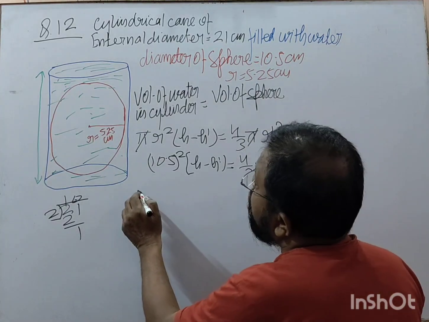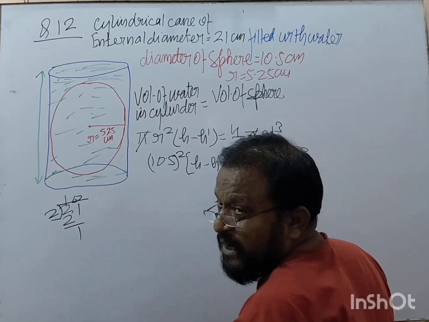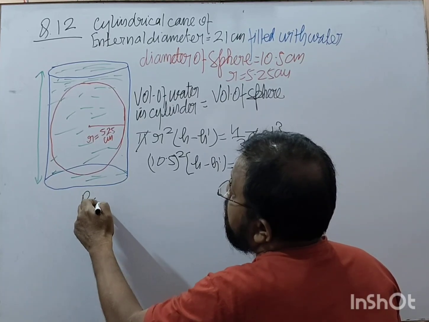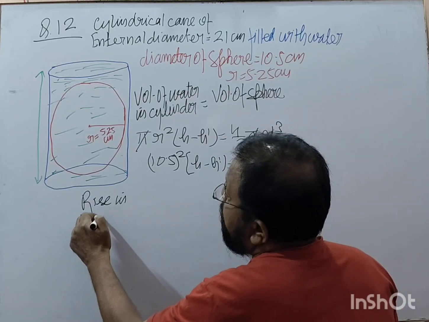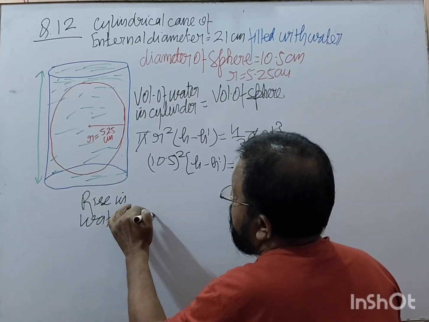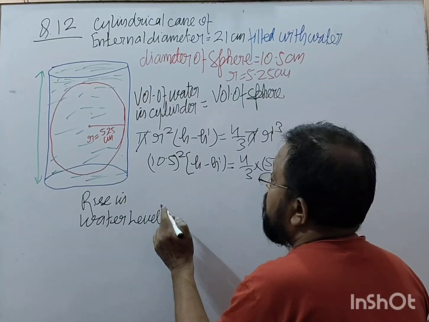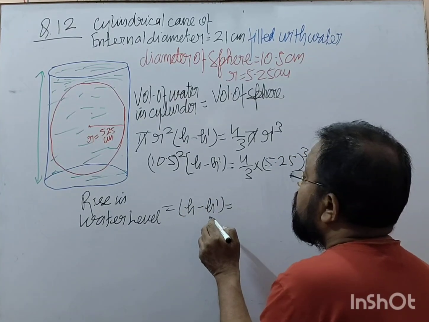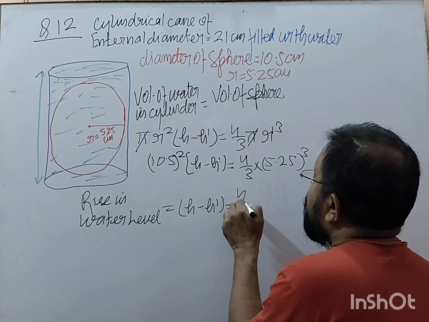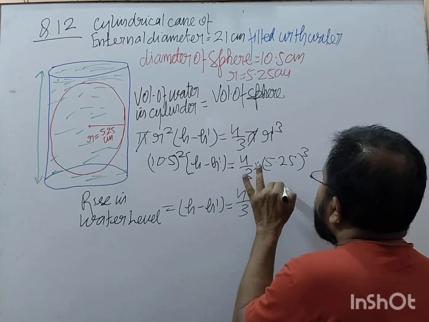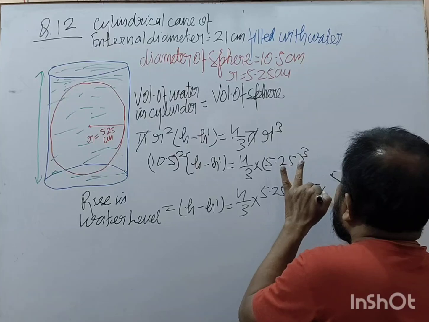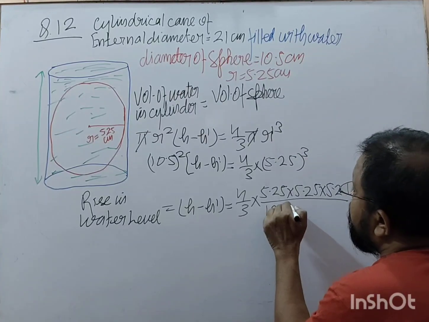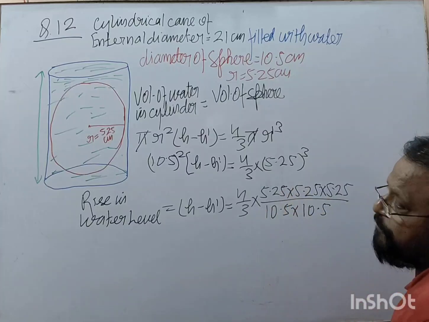Right? So what is it asking? Rise in water level is equal to h minus h dash, which is equal to 4 by 3 into 5.25 into 5.25 into 5.25 upon 10.5 into 10.5.